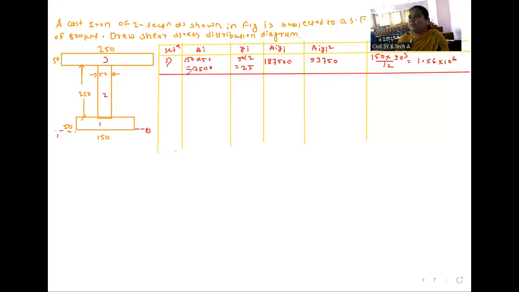Okay. So for section 2, area is, this is 50 and this is 250. So 50 by 250, which is equal to 12500, right? 12500. yi is 50 plus 250 by 2.